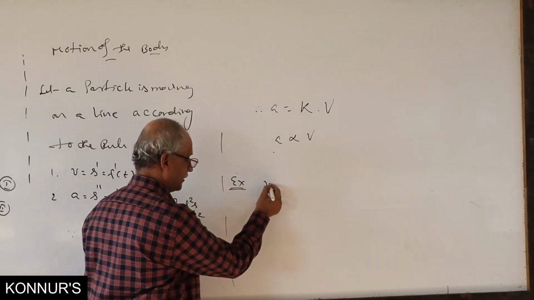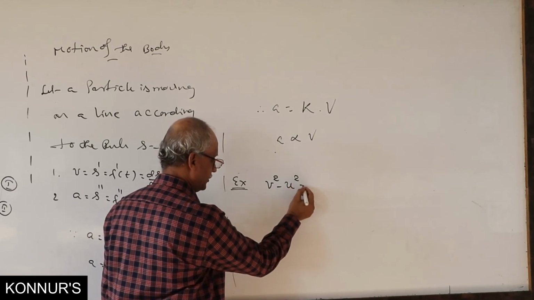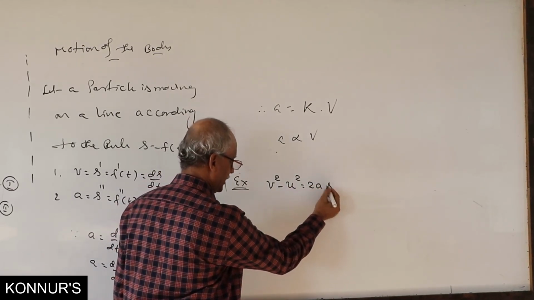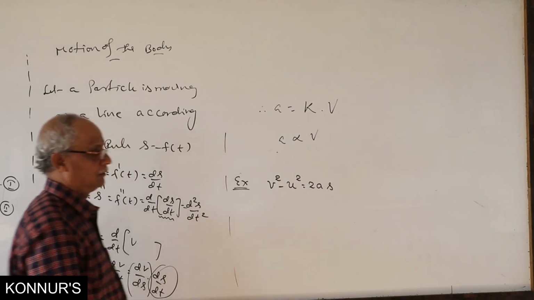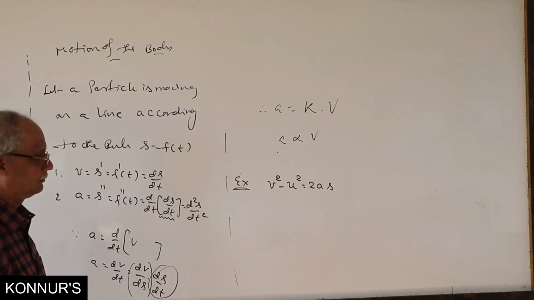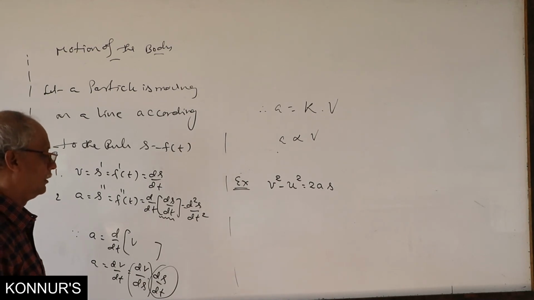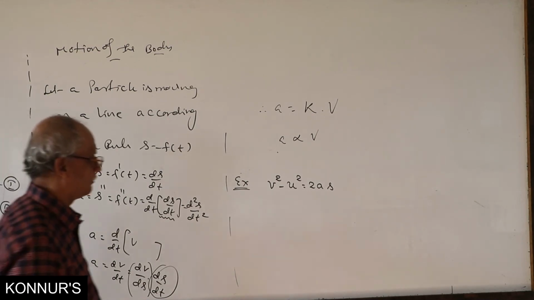We know this relation. v square minus u square is equal to 2as. Actually, for initial velocity and terminal velocity, in physics you are using u and v, but in our unit v is the initial velocity. U is 0. Terminal velocity 0.